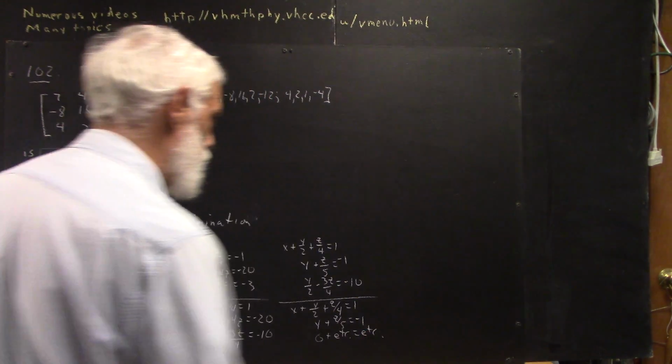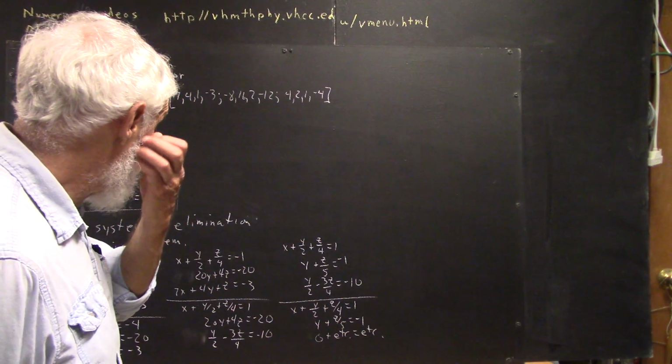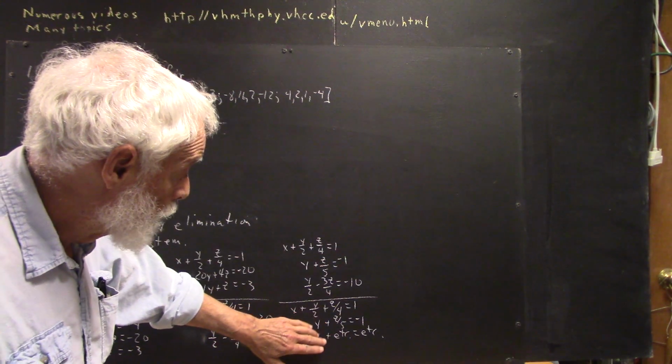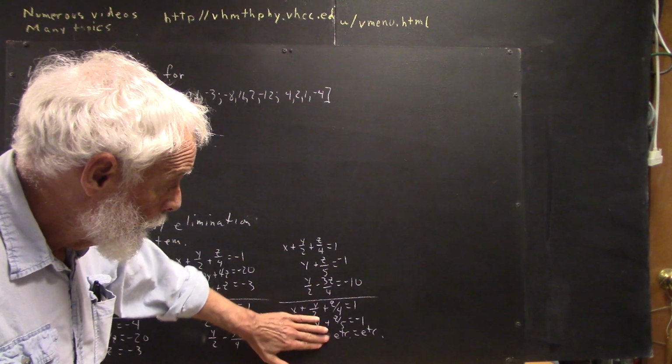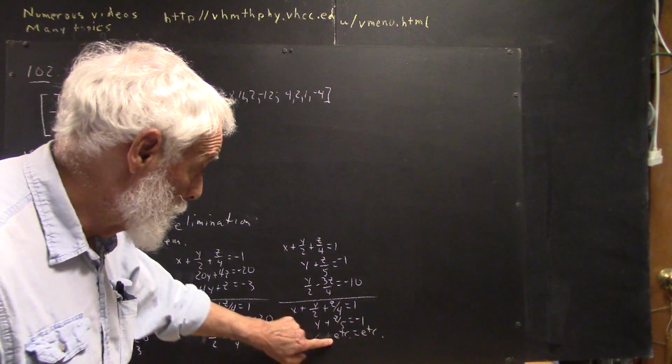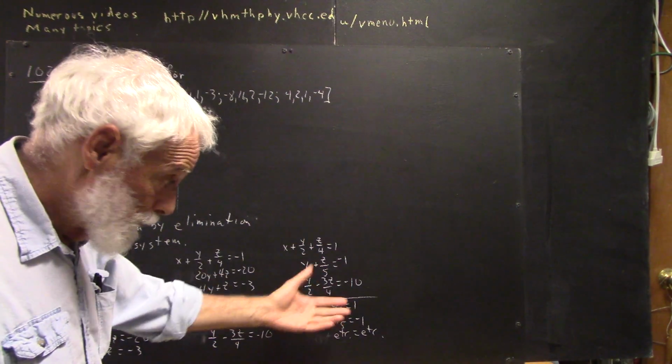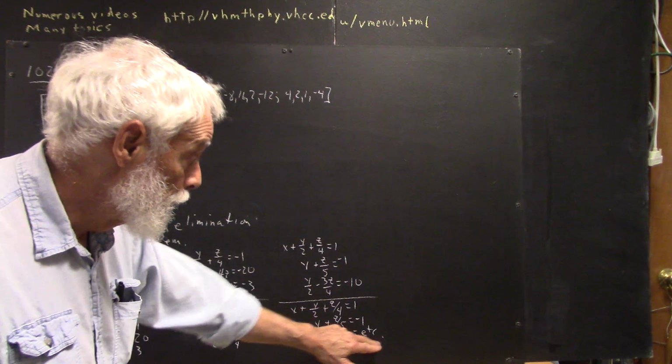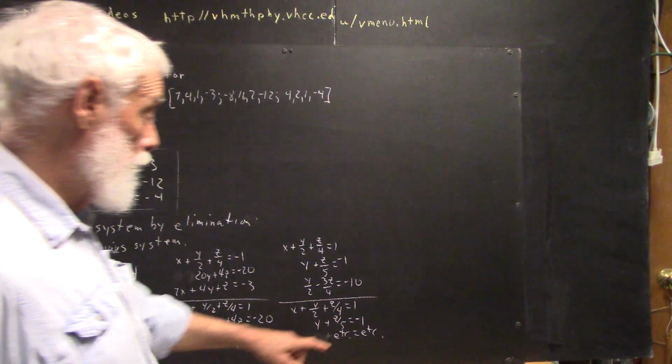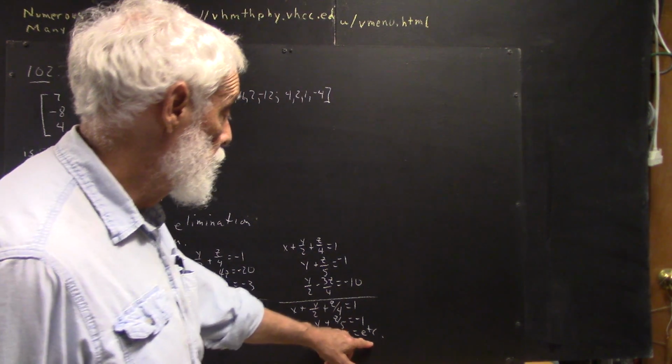And I'm just going to write etc. down there. I'll leave it to you to do that. But what I end up with is 0 plus some multiple of z equals something else. I can divide by whatever the coefficient of z is, and replace that row with that, and then I have my value of z. Z equals something.